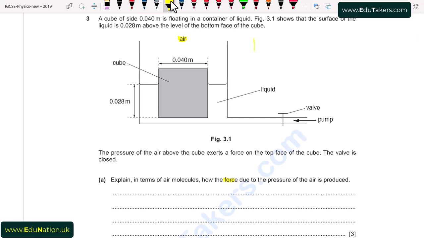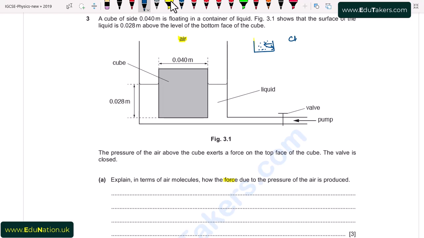If you consider that I have this system in which there are a large number of air molecules, we know that the molecules are in constant random motion. They collide with each other and also collide with the wall of this container. When they collide with this wall, they change their direction at every collision. So there will be a change in momentum.